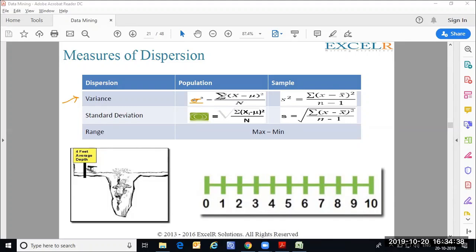This one is a summation. This one is a variance, sigma square, right? And the formula for variance is summation of x minus mu whole square divided by n.